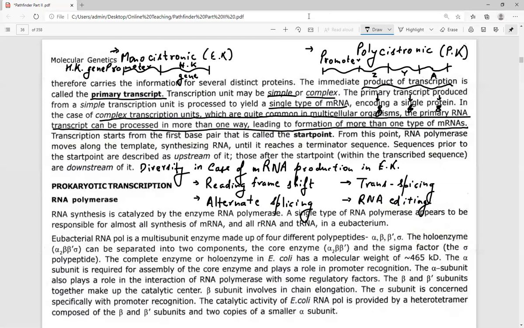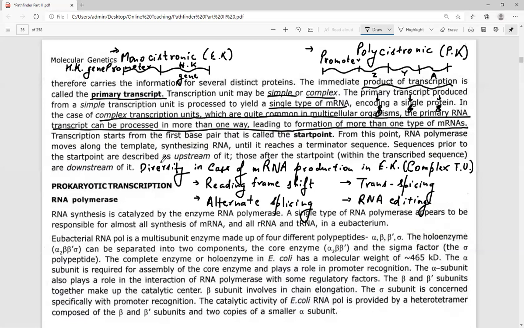These are the different processes that could be used in order to generate diversity of the mRNA molecule. Such a transcription unit, which undergoes such modification in order to form more than one mRNA, is referred to as a complex transcription unit.